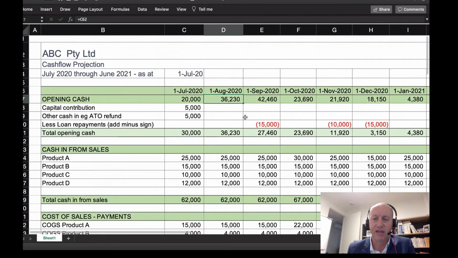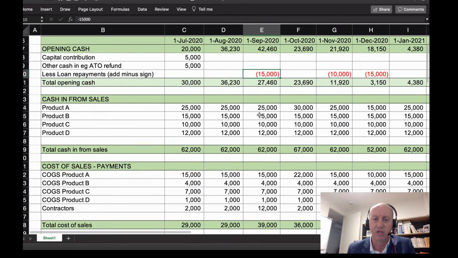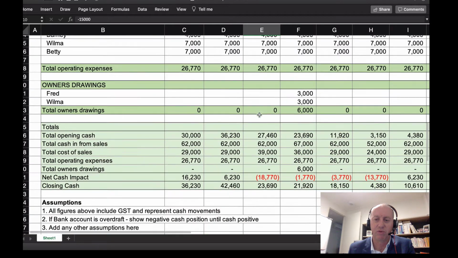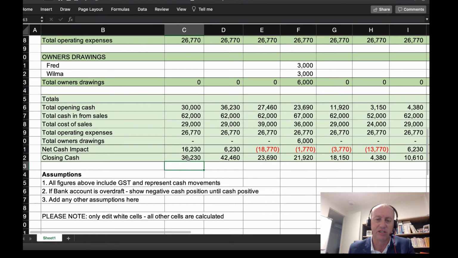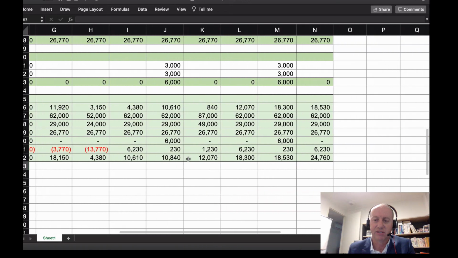So you can see then that you can quite quickly make some adjustments in terms of making changes from one period of time to another and seeing quickly how that affects the respective cells in your cash position. So what does this spreadsheet tell me? Well, one of the things that's interesting in this is that our opening cash in July is higher than our closing cash 12 months later.